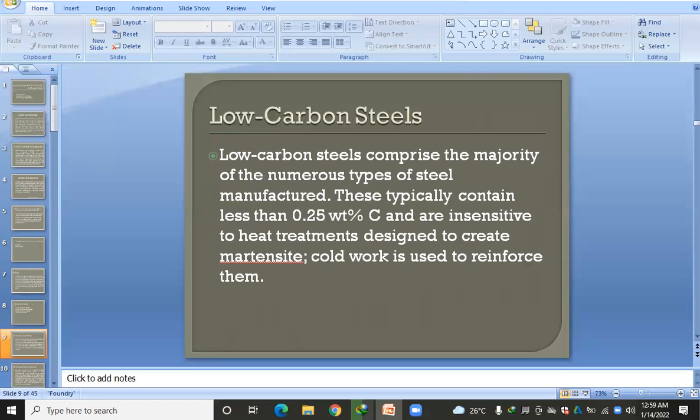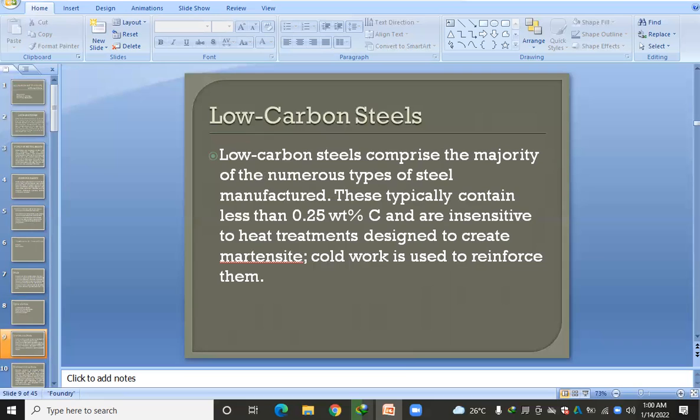The low carbon steels comprise the majority of the numerous types of steels manufactured. They contain less than 0.25 weight percentage carbon and are insensitive to heat treatment, designed to create martensite.